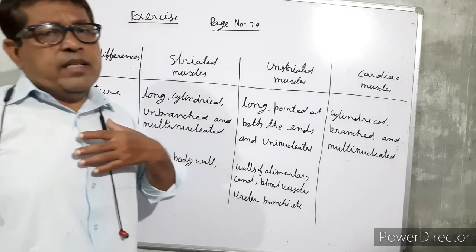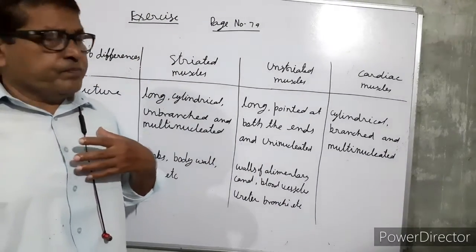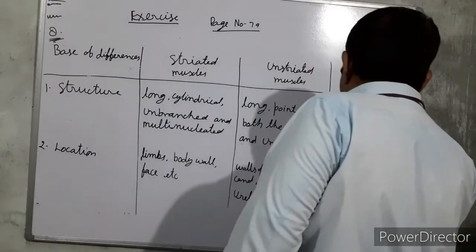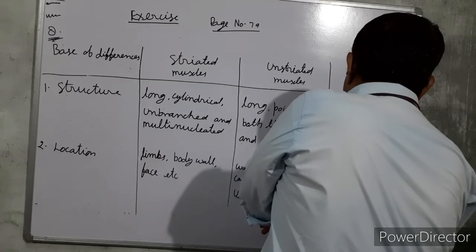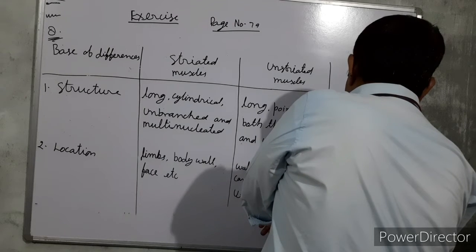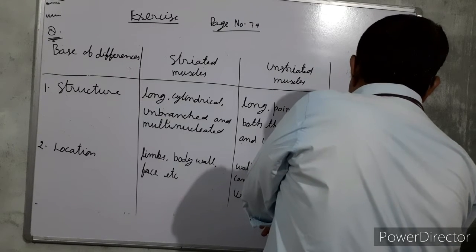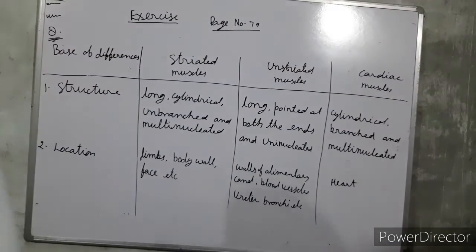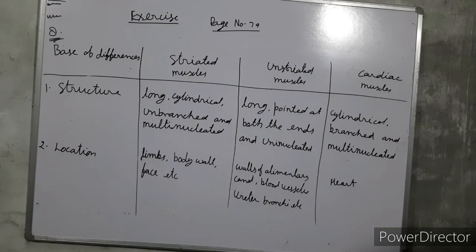This makes up our visceral part. And cardiac muscle is found only in the heart, so it is also called heart muscle. This is question number 8.